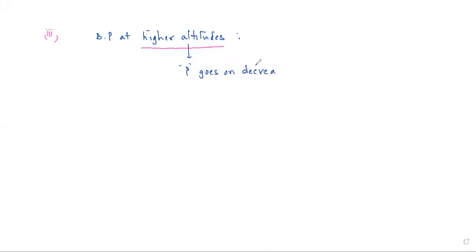I mean, the atmospheric pressure goes on decreasing. As the pressure goes on decreasing, even the boiling point also goes on decreasing. Based on the same explanation, we can say that the boiling point of water will be less than 100 degrees centigrade at higher altitudes.